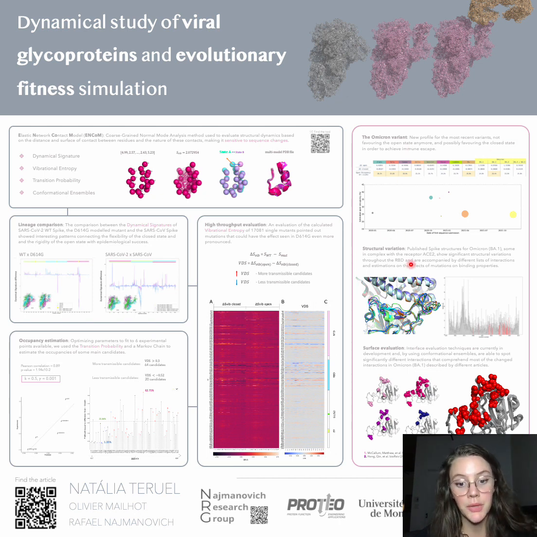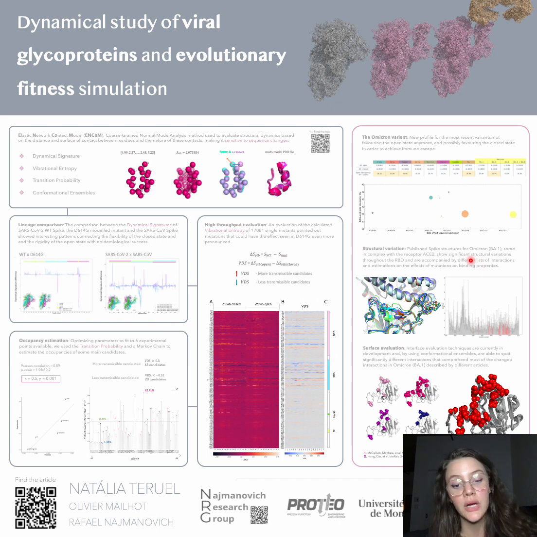So when Omicron appeared, multiple structures were published in record time, and those structures were associated with different lists of interactions and estimated effects in binding strength to the receptor, for example, and those differences were justifiable when we looked at how different those different structures were.